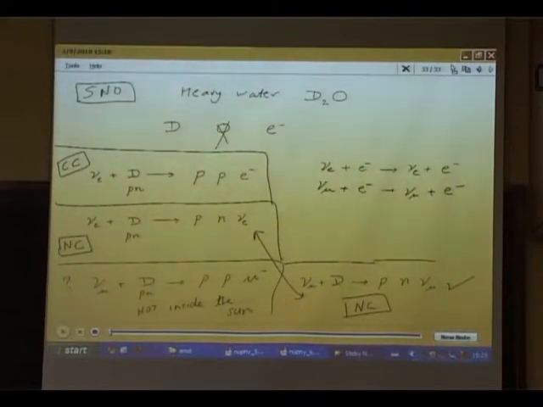But that is possible both via CC and NC. However, there is one difference, which is that if you look at the NC kind of interactions, you have nu mu, Z, electron. This can happen for nu mu and nu tau and nu E. All three can be in the interaction.